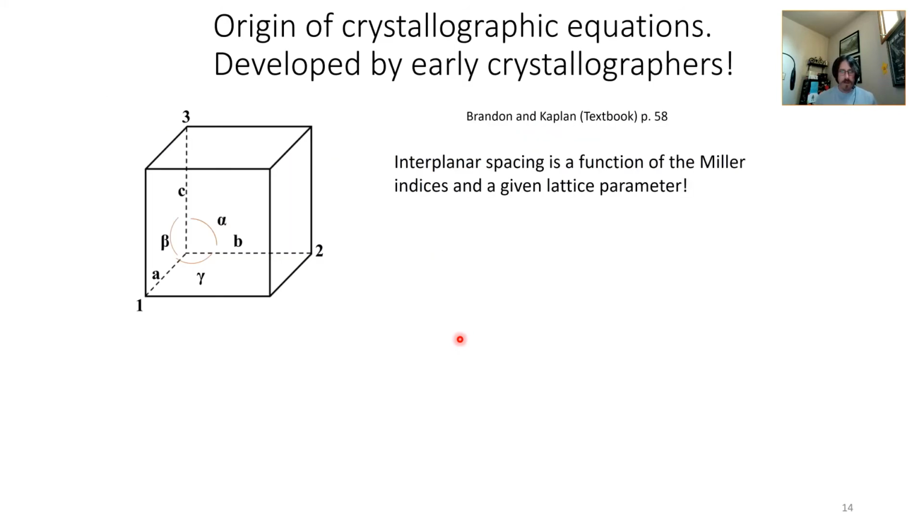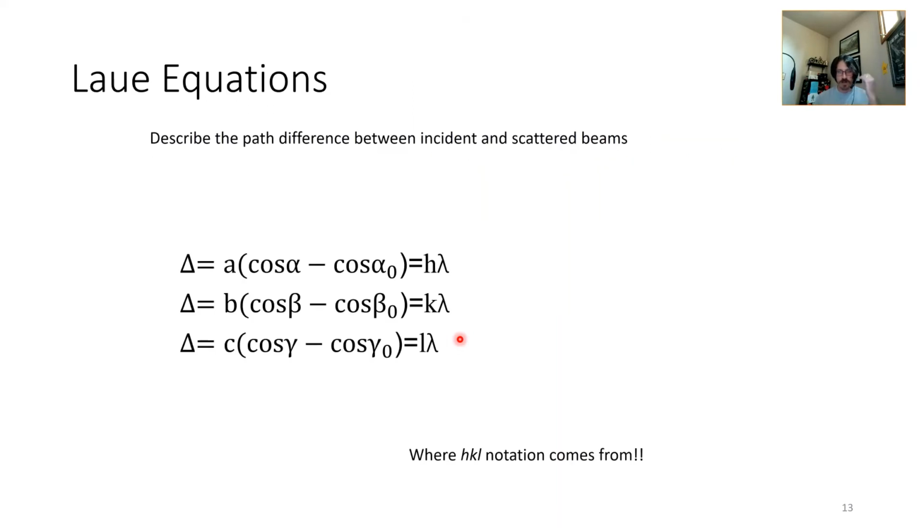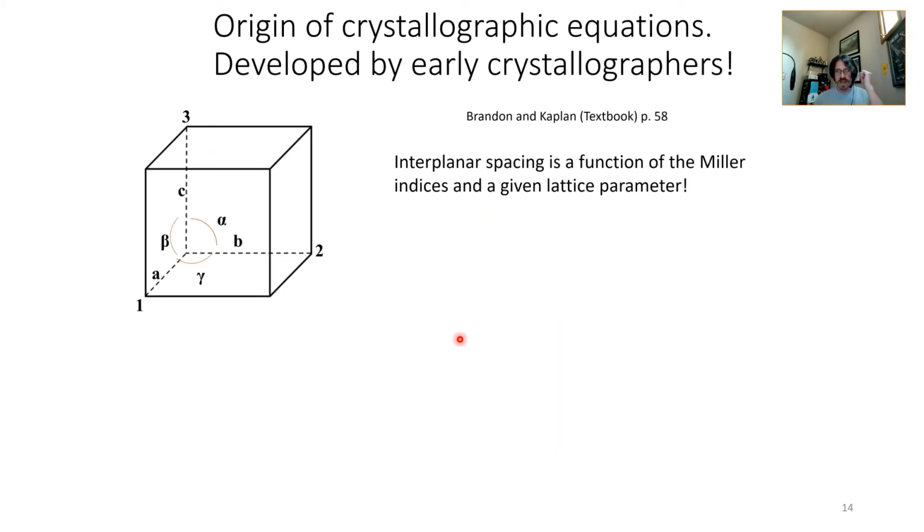The origin of the crystallographic equations was developed by early crystallographers. So interplanar spacing is a function of Miller indices. People started working with Laue equations, working out the math to figure this stuff out, and it's actually dot and cross products that make these equations.